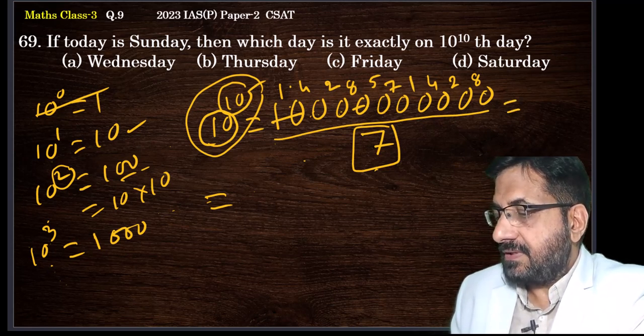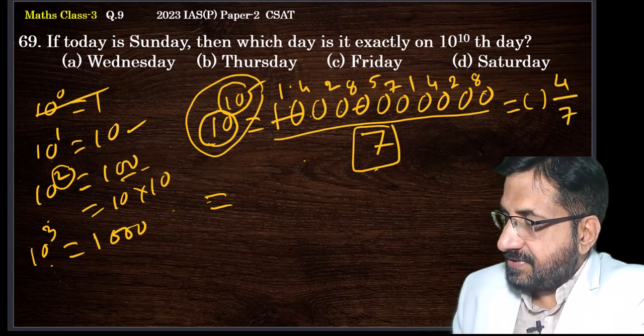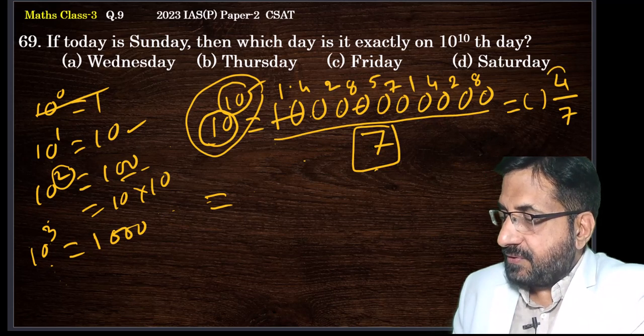So whatever this number is, 4 is your remainder when divided by 7.